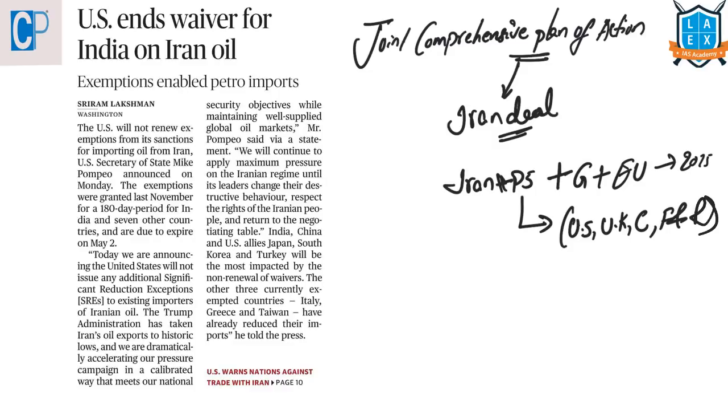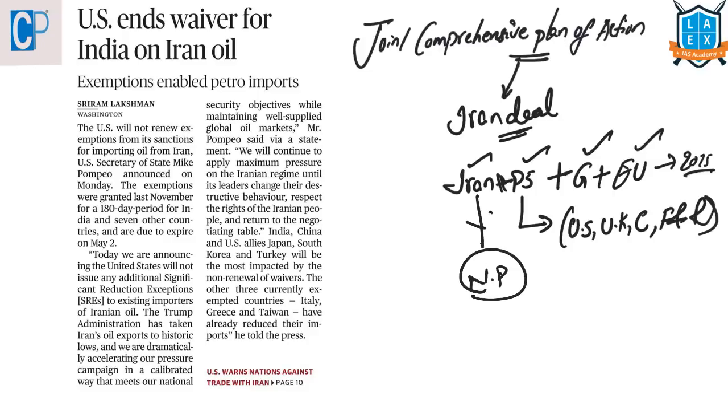So it is signed between Iran, the P5 countries, Germany and the European Union in 2015 with an aim to curb Iran's nuclear program.